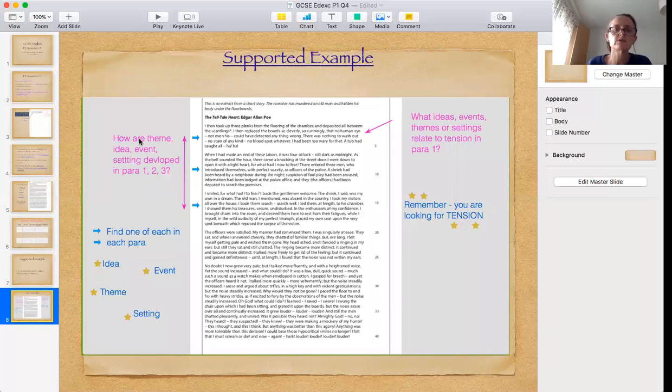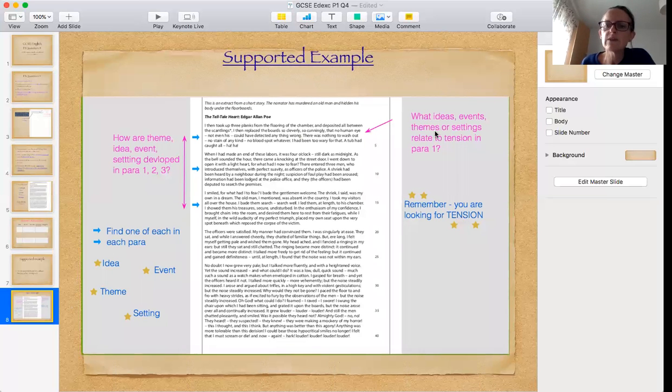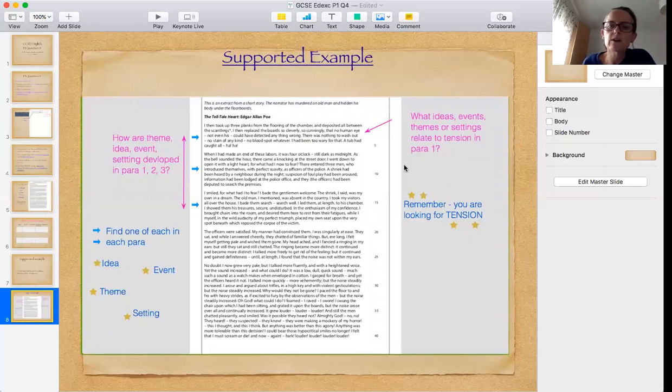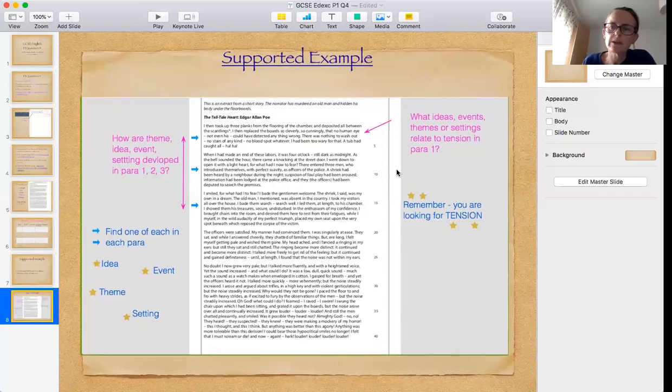So here's a supported example. If we go to this bit here on the right-hand side, if we look at paragraph 1, I want you to read paragraph 1 and think, what ideas, events, themes or settings relate to tension in paragraph 1? Deal with it a paragraph at a time and then deal with it as a whole.